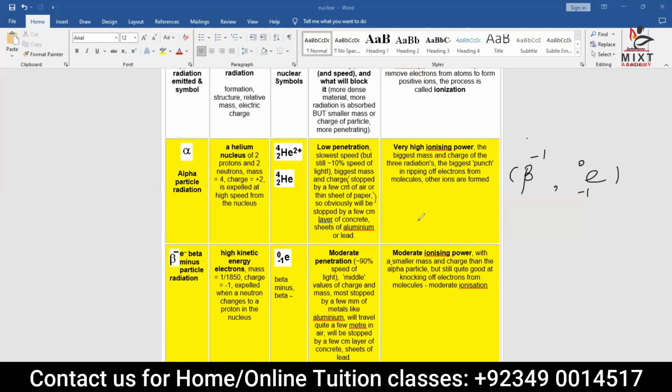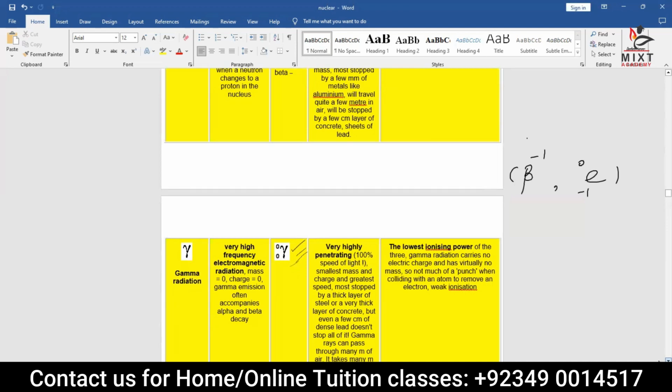Okay, students, any problem in this? No, sir. Very simple. Now, gamma particles or gamma radiations. Write some lines.